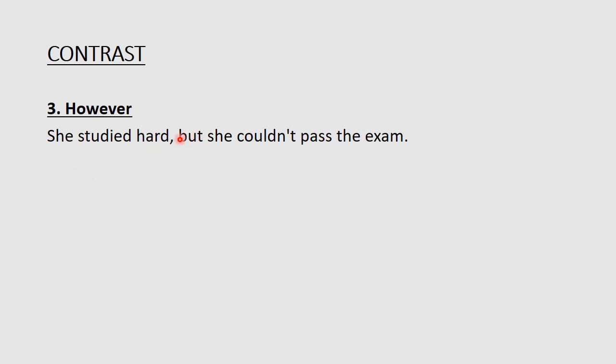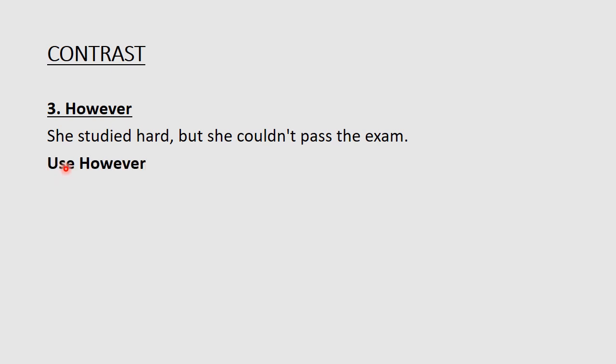Where there's but is where we're going to put however. Sometimes we can even put however at the start of a sentence, but for these examples we're putting however here. Later, we're going to see how to put it at the start of a sentence.